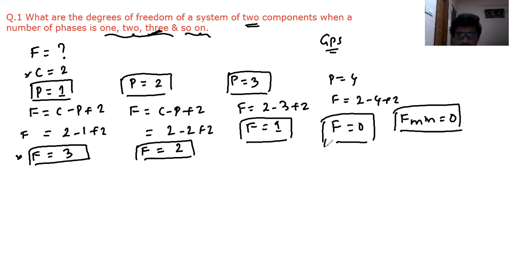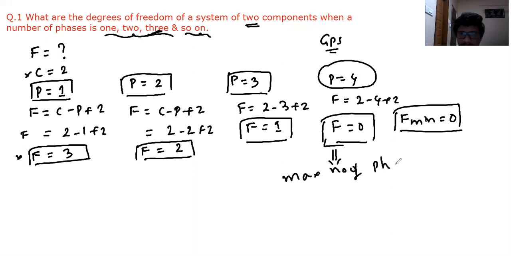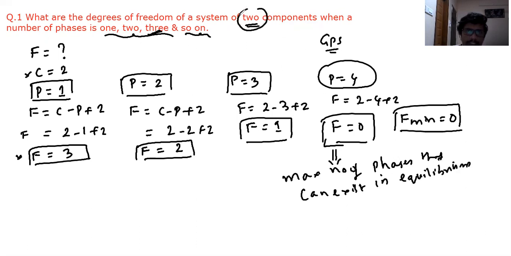So the degrees of freedom equal to 0 implies the maximum number of phases that can exist in equilibrium for a two component system, which is 4, right? Let us look into the next problem.